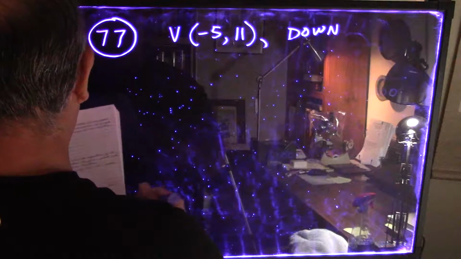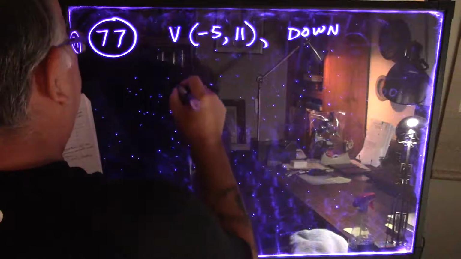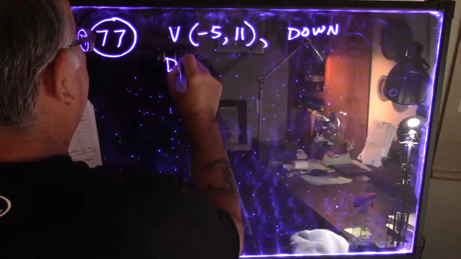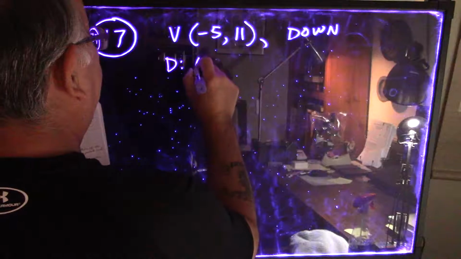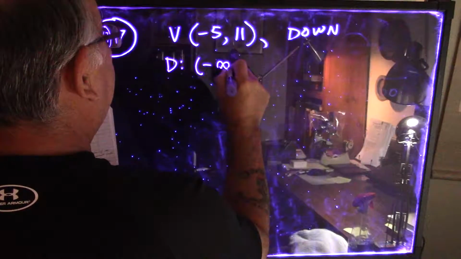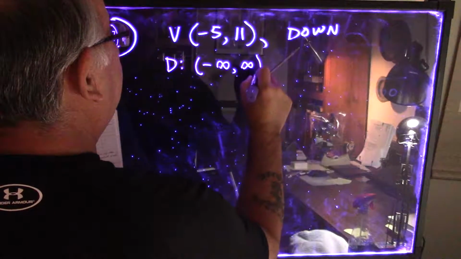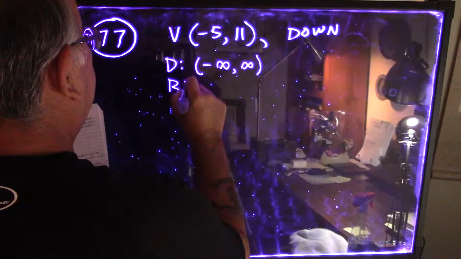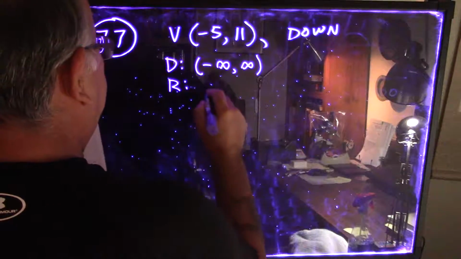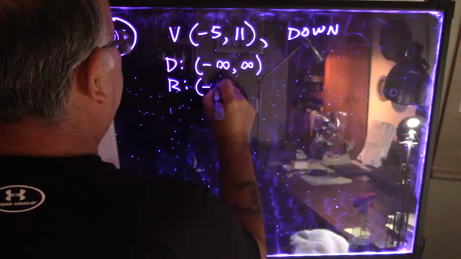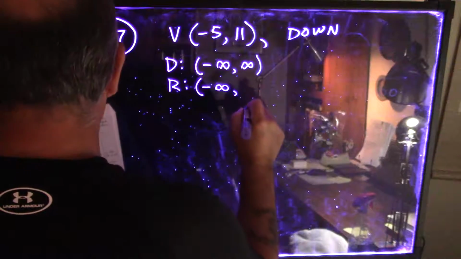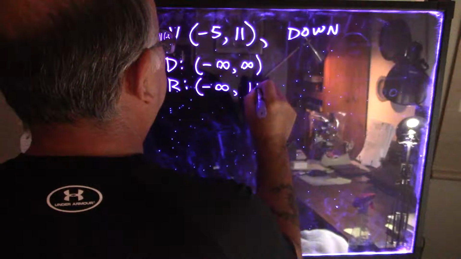So that'll give us the range. The domain again is negative infinity to infinity. The range is negative infinity to 11.